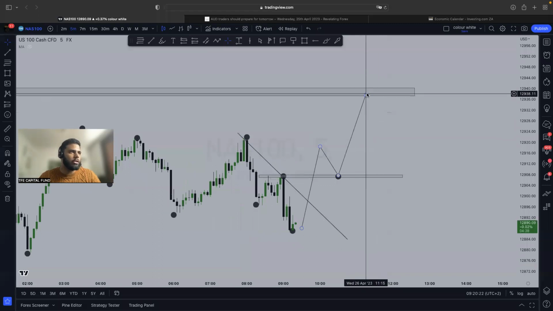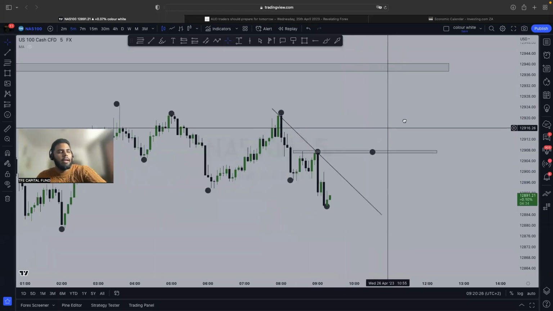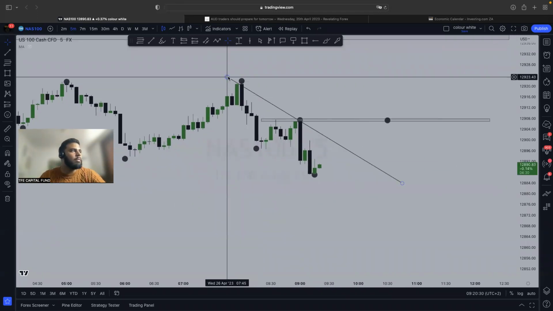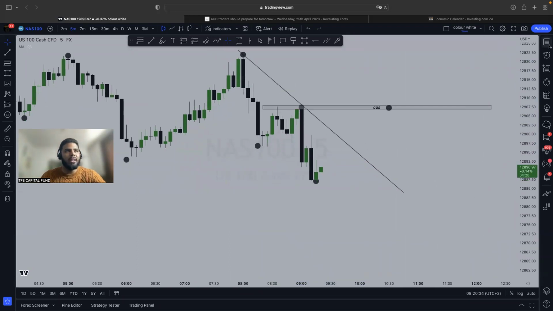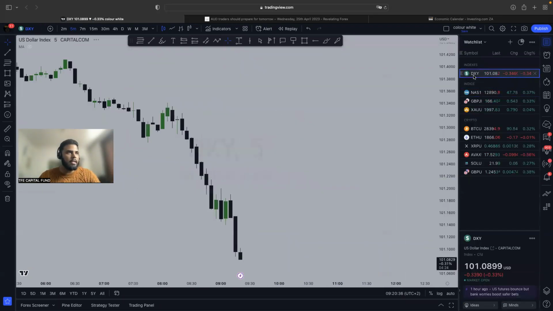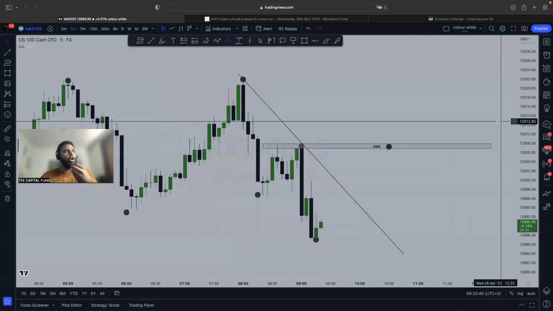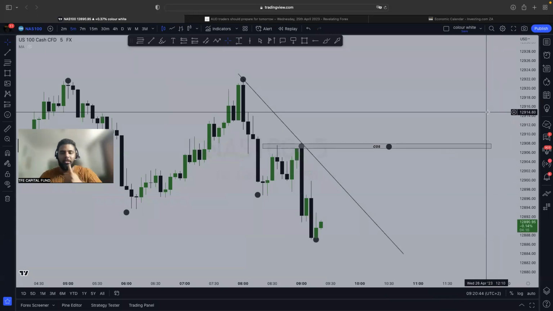We could see the market target that region. Now, if the market doesn't do this, I'm not going to get hasty and just try to take a trade. We need the market to give us an opportunity to get involved. Meaning the dollar must make sense, NASDAQ must make sense, and once you feel confident in yourself and your analysis, you take the trade.